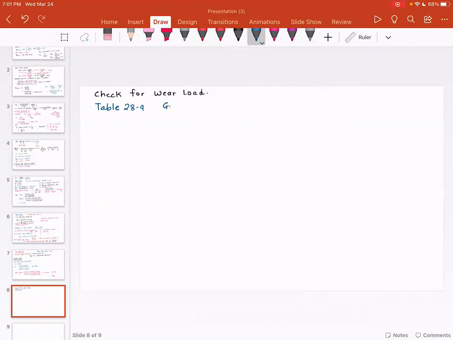Look at gray cast iron with Brinell hardness number equal to 160 and find out the surface endurance limit.